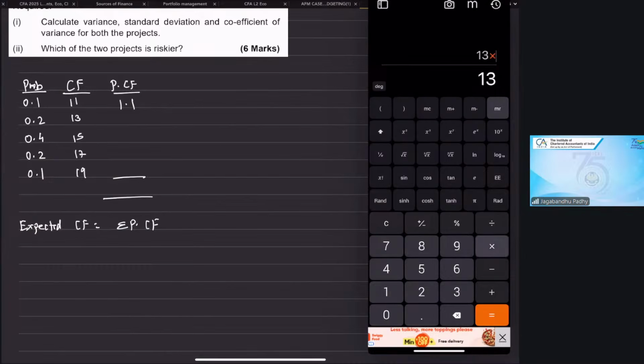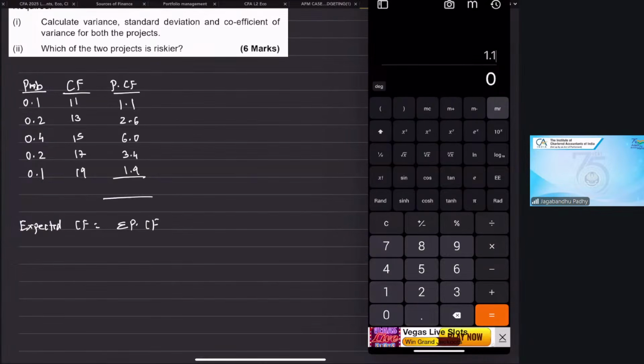Then 13 into 0.2 is 2.6. Then 15 into 0.4 is 6. 17 into 0.2 is 3.4. 19 into 0.1 is 1.9.